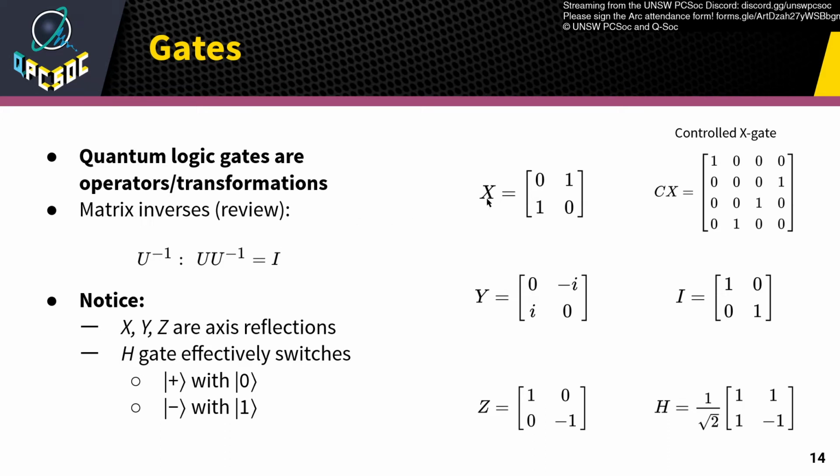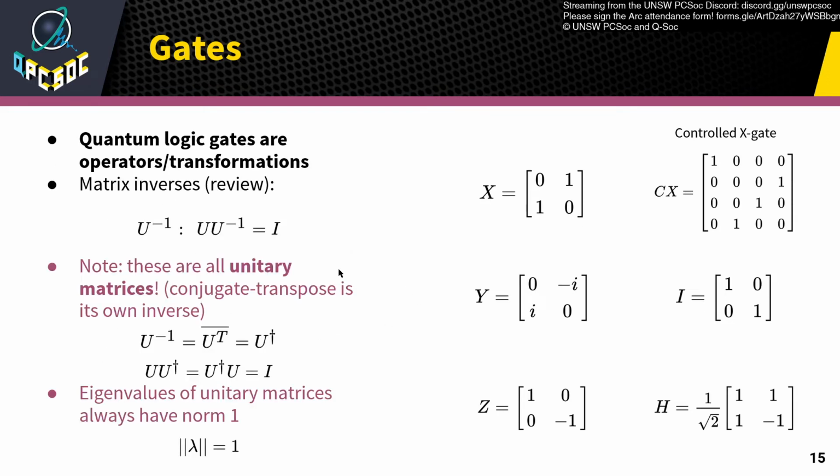That means that these matrices are actually the inverses of themselves. Technically these are called unitaries, because the conjugate transpose is its own inverse, and they have a special property that their eigenvalues always have norm 1. But you don't have to know this. It's not necessary for today.